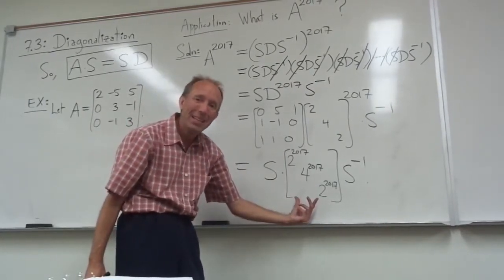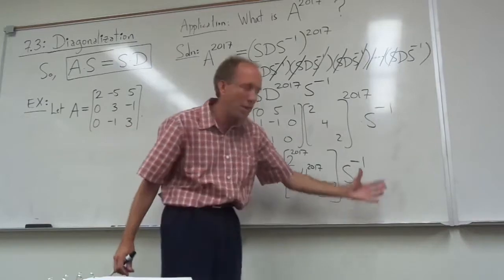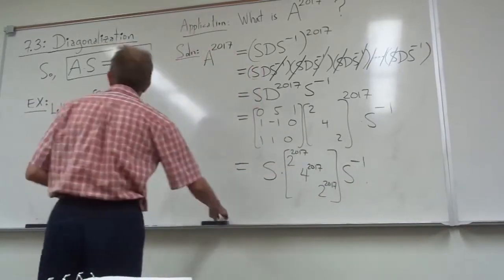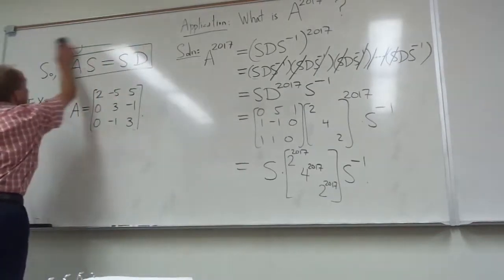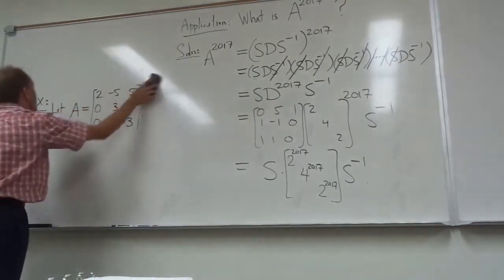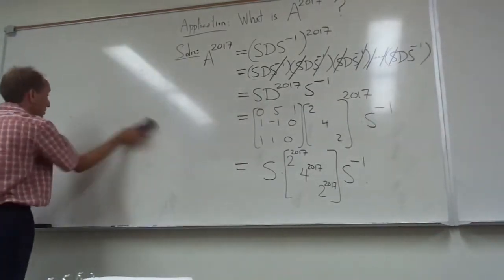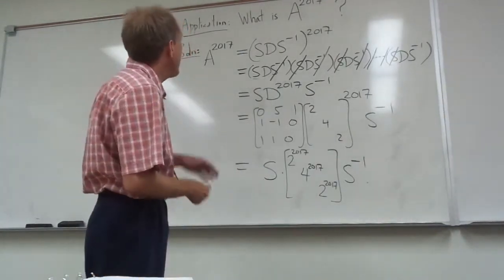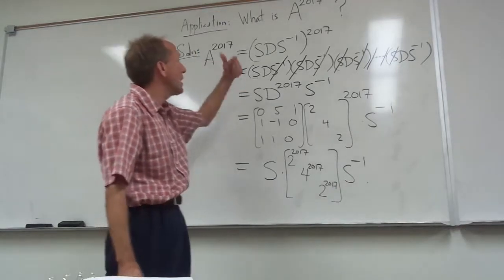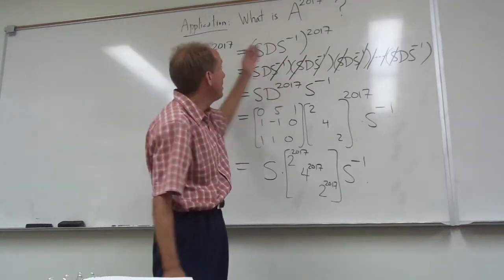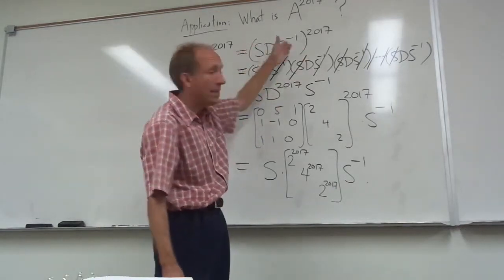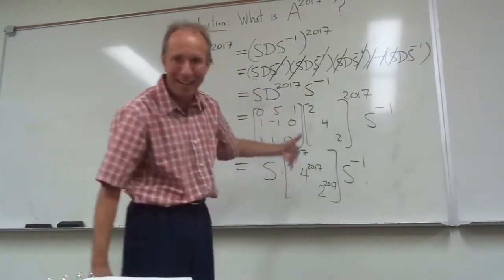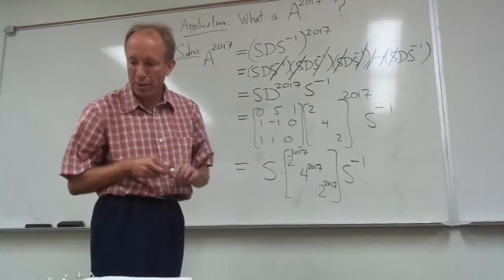And so now with that information, I can figure out the 2017 power of A itself. So there are some computational benefits to diagonalization. If I have a matrix and I can diagonalize it, if I can apply the SDS inverse formula to it, then that helps me to simplify these kinds of calculations.